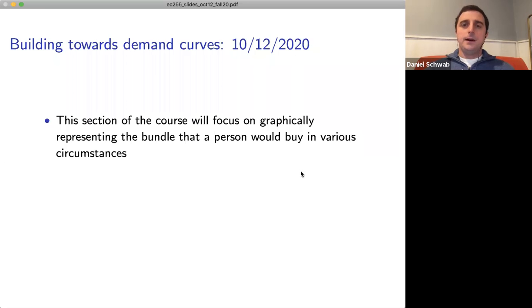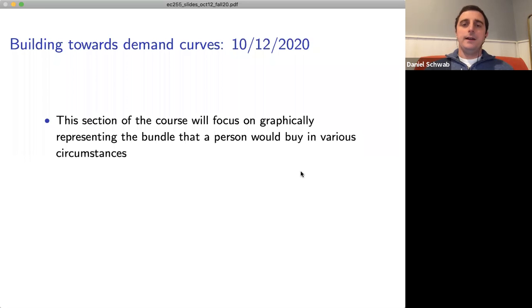And so the idea behind all of this is just that in earlier classes, like in principles, we would just say, hey, the demand curve looks like this. Here it is. What we've been doing in our class is starting from an earlier point of saying a person has preferences. For example, this person thinks that an apple is twice as good as a banana.